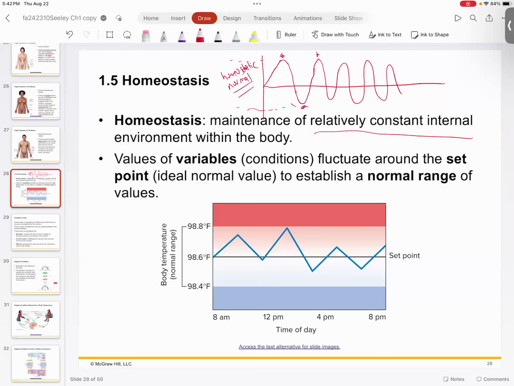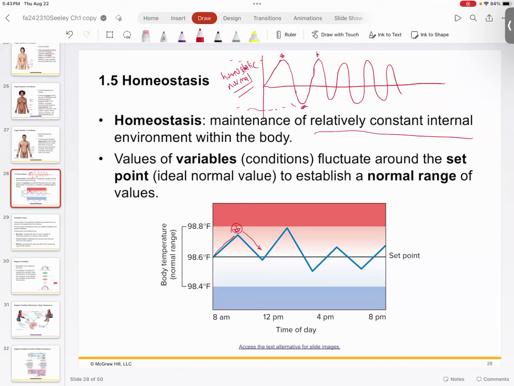So the example they use is body temperature, which is perfect, right? Because our body temperature is 98.6 degrees Fahrenheit or 37 degrees C. Generally speaking, when your core body temperature starts to go up, it doesn't have to go very much, your hypothalamus will sense it and turn on some mechanisms that start to shed that heat and bring the temperature back down.